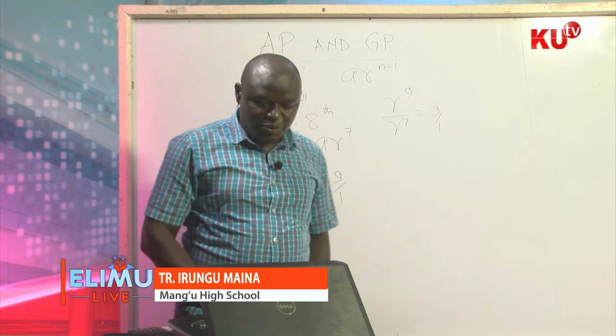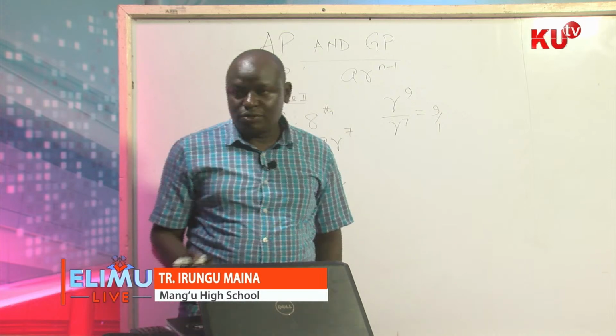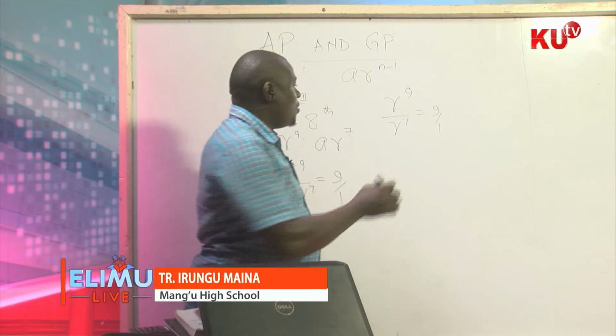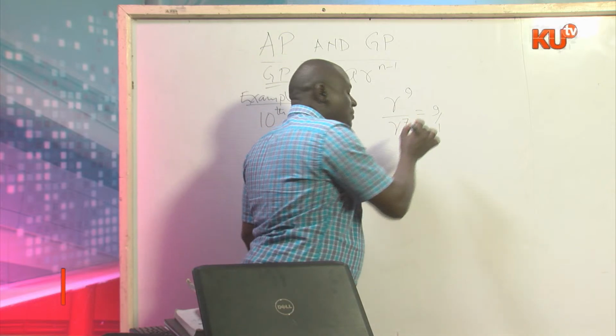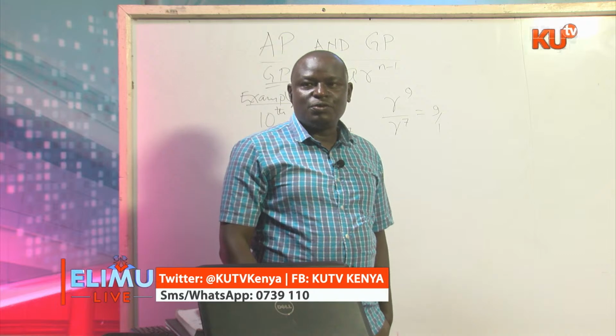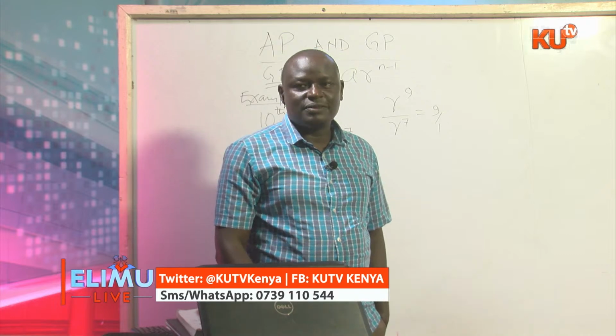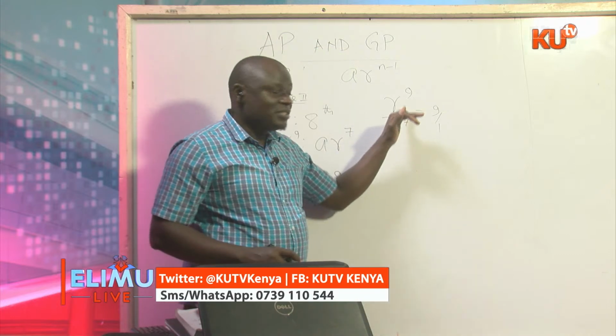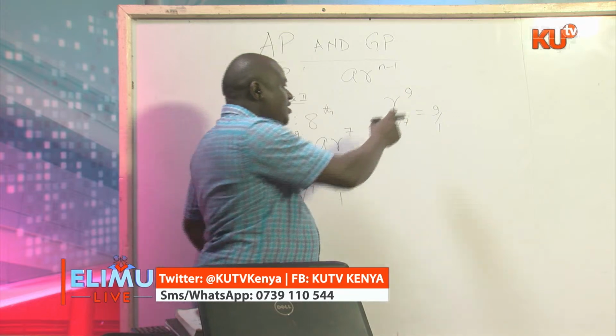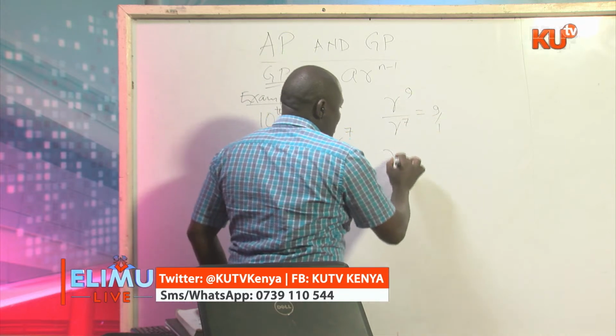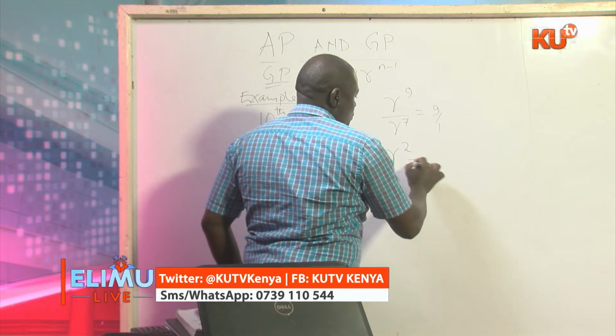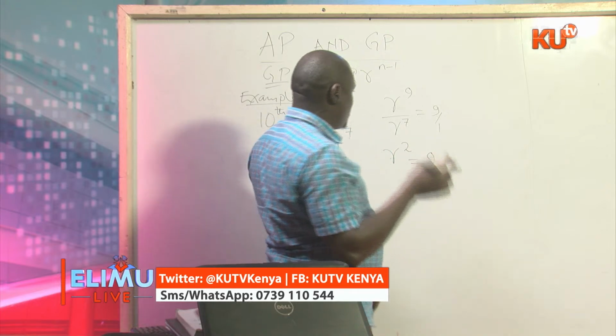Now, there is a concept we taught you in Form 2. In indices, when you divide the numbers, what do you do to the powers? When we divide the numbers, you subtract powers. So in this division, it shall be R raised to power 2 equals 9 over 1.